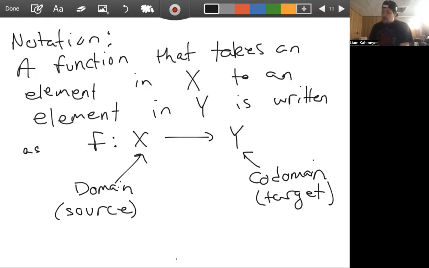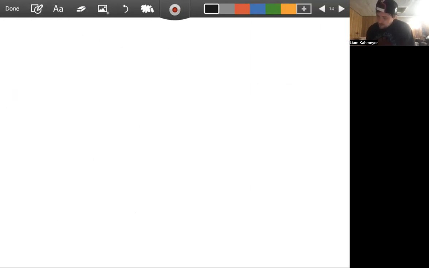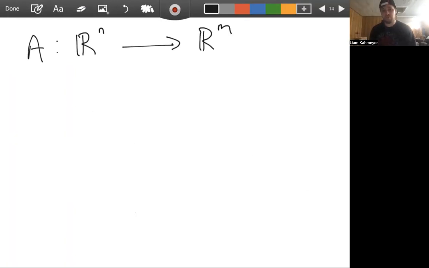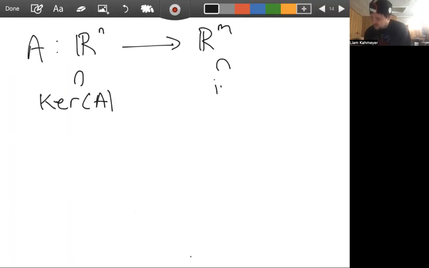Okay, now with this notation here, when you have a matrix A that's a function from Rn to Rm, there are two very important subspaces. A subspace of the domain is called the kernel. And a subspace of the target is called the image.